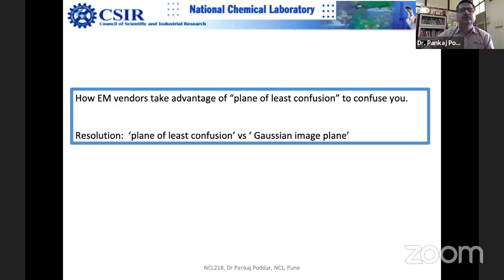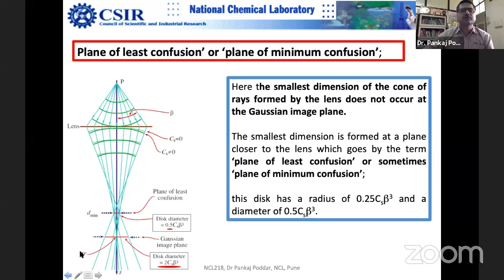You want the resolution in the Gaussian image plane, not in the plane of least confusion. I repeated earlier also that you must ask for resolution in the Gaussian image plane. They can say, oh, this is the resolution of the microscope, but there is a big difference when you calculate the resolution here or here. This is the Gaussian image plane, right?